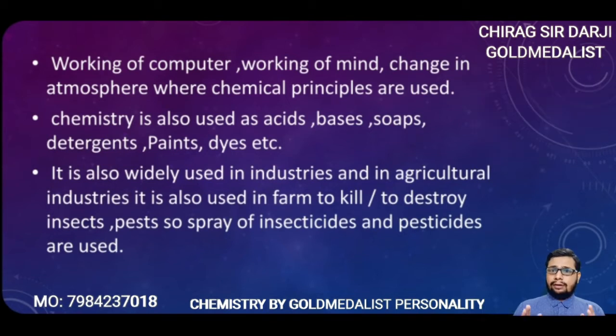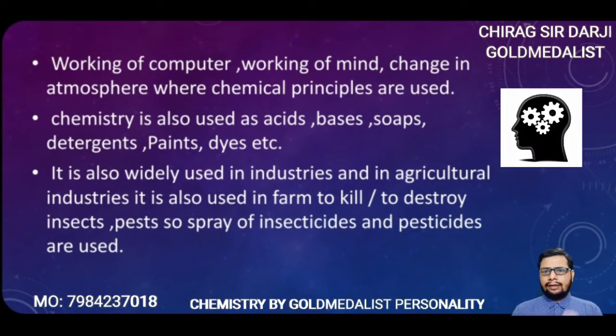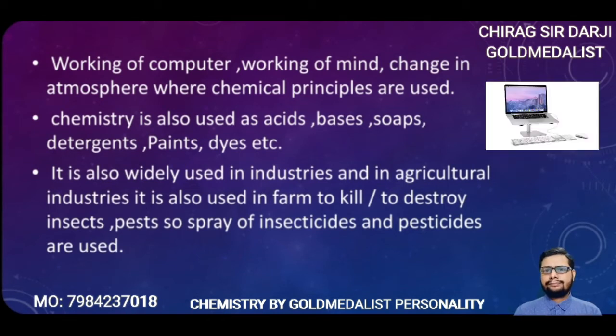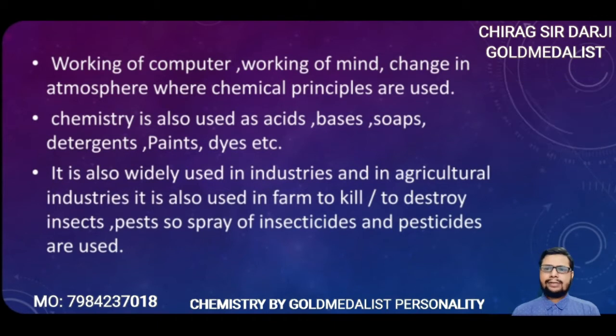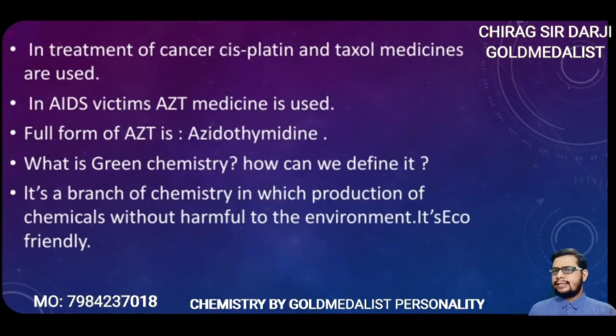Now we are going to discuss some chemistry principles which are also helpful in our daily life. For the understanding point of view, we can say the working of the mind, the working of a computer, and so many examples are there where chemistry principles are used. Now one more important thing is, in the treatment of cancer, which medicines are used?